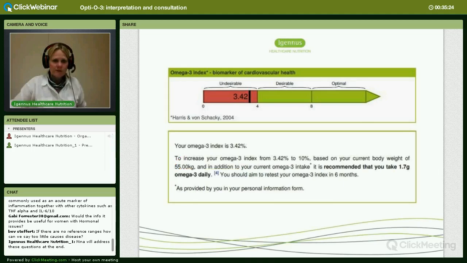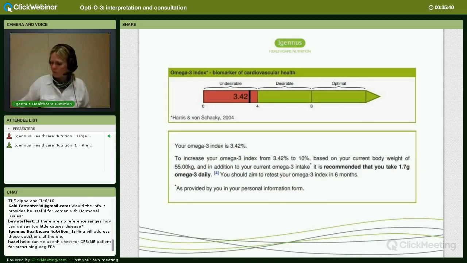We know their body weight, and using a predictive model, we can estimate that their requirements to raise their omega-3 index from 3.42 to 10% based on a body weight of 55 kilograms would be 1.7 grams of omega-3, and this equates to about 30 milligrams per kilogram dose.